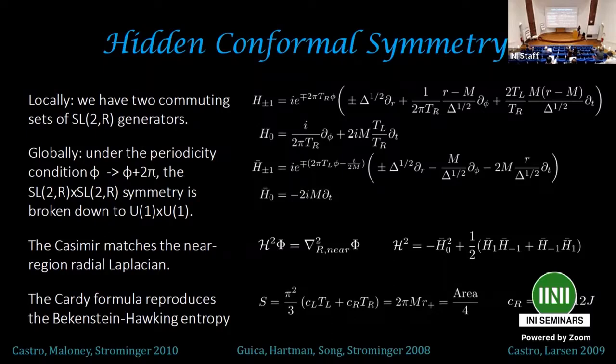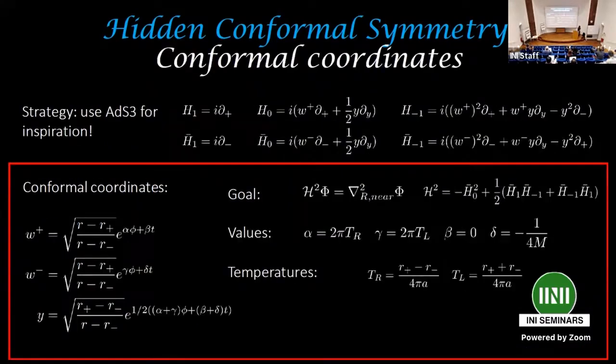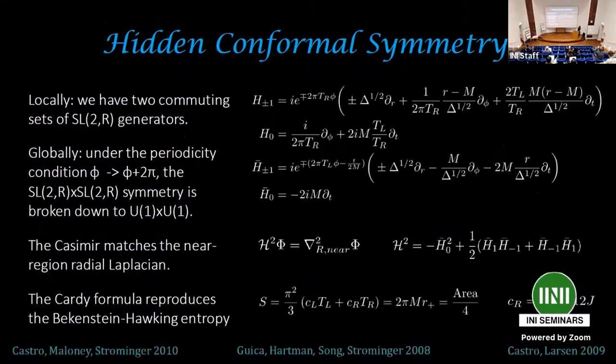Okay, we know you can calculate these temperatures by other means, but if you take them as a definition of the coefficients here, this is 2 pi T_R, this is 2 pi T_L, then that is a definition for the temperatures, and you can use the central charges for the extremal case, because you kind of want there to be some sort of continuous map between extremality and non-extremality. At least that was the motivation for using those central charges.